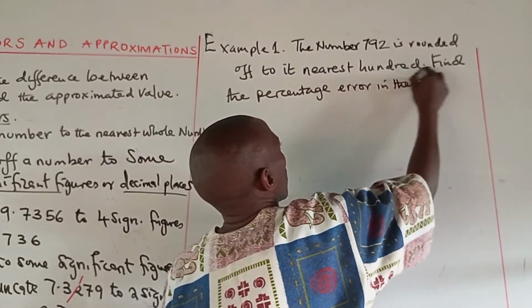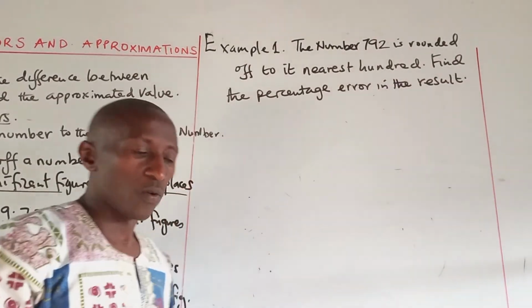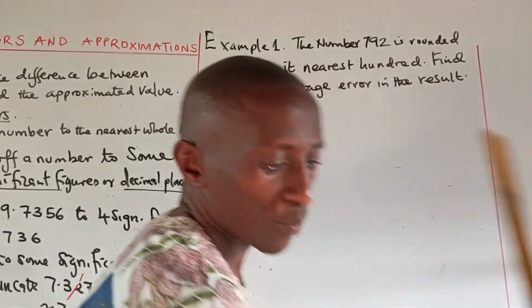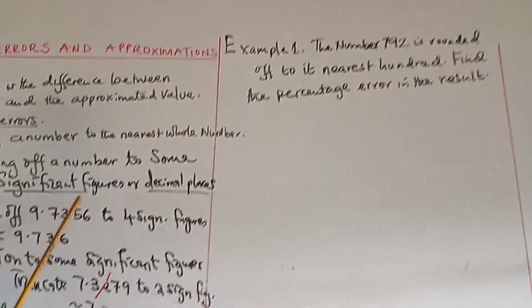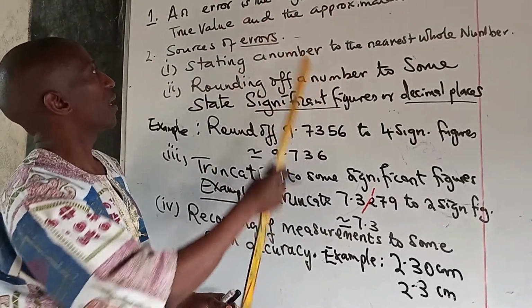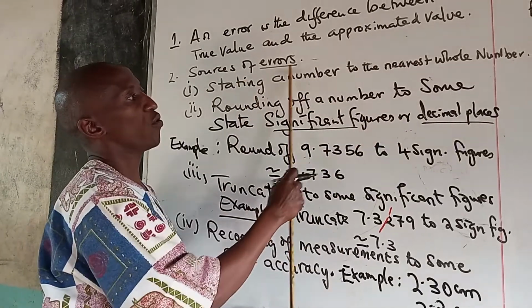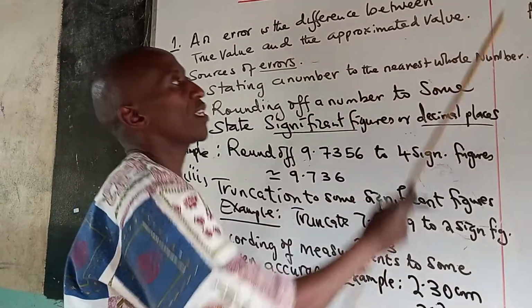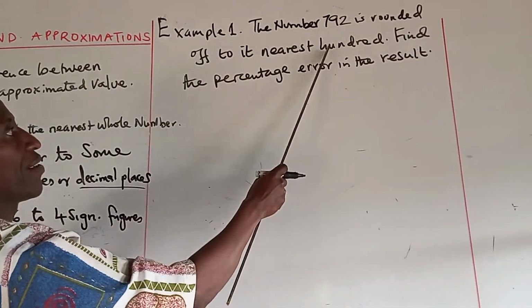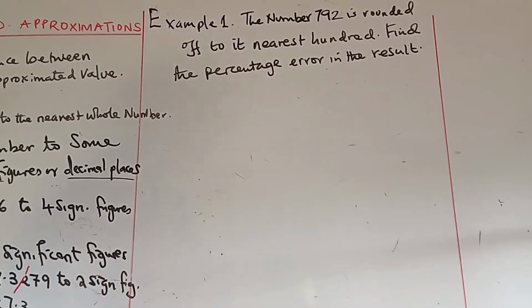Find the percentage error in the result. So this is matching an item which we had talked about in one of our discussions here. We had talked about stating a number to the nearest whole number, and here we are talking about stating it to the nearest 100 in the operation rounding off.